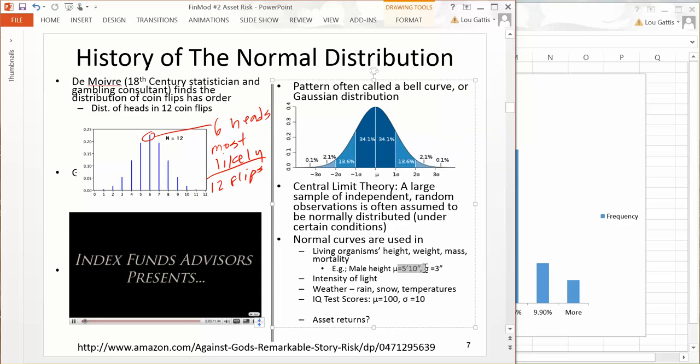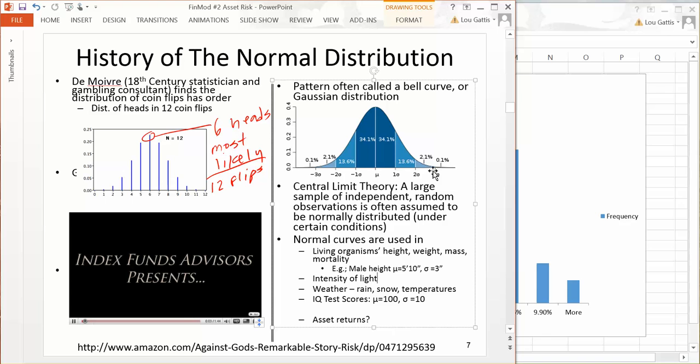So for example, the average man is 5'10" with a standard deviation of 3 inches, which means that if I take 5'10" and add 3 inches, that would be 6'1", and if I subtract 3 inches, that would be 5'7". We would predict that 68% of men fall within a range of 5'7" to 6'1", and we'd find that 95% of men are within plus or minus 6 inches of the mean.